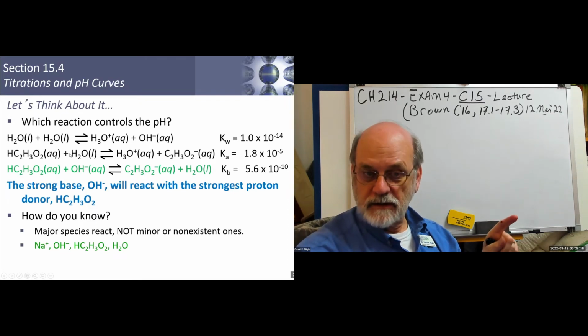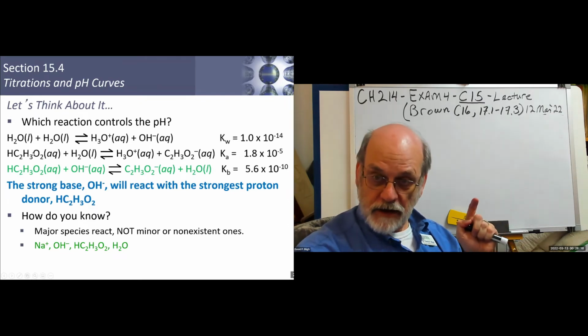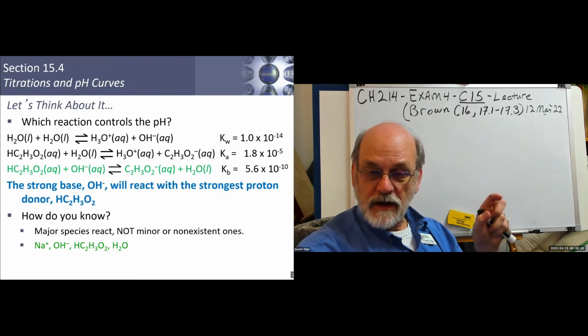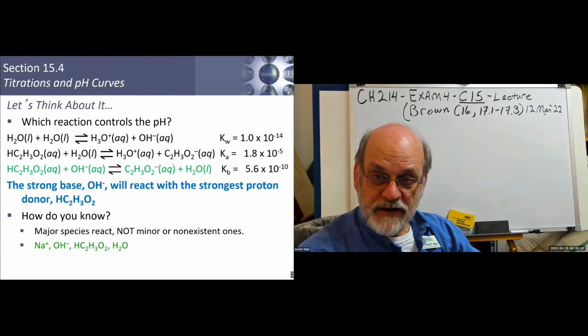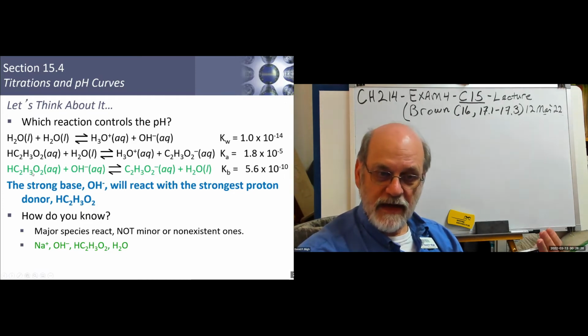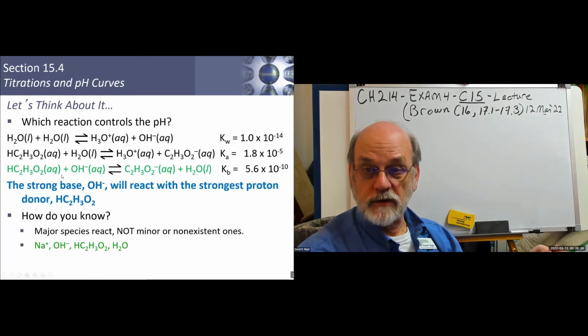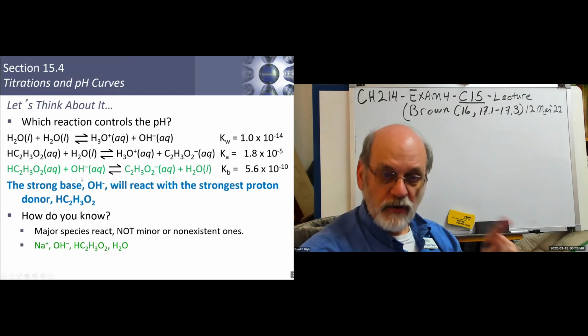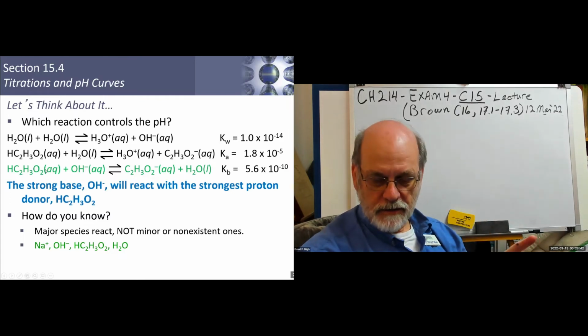Well, the second one, right? The undissociated acetic acid donates protons more efficiently than water does. So that means the OH is going to react with the acetic acid, rather than reacting with the hydronium ions from water. It's going to pick up protons from acetic acid.